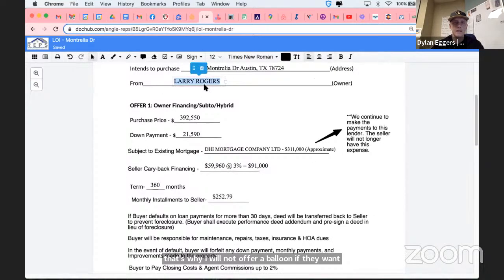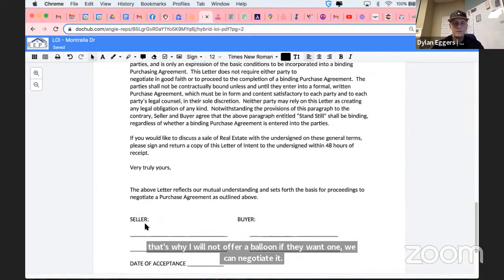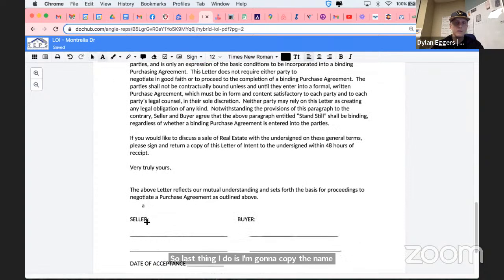So last thing I do is I'm going to copy the name again, go down to the seller and just paste his name. And then I'm going to put my entity again, Legacy Property Solutions, LLC. And then I'm going to put my name, Dylan Eggers, as a, okay.